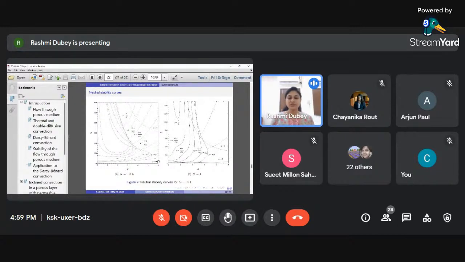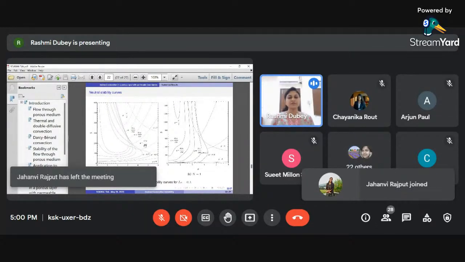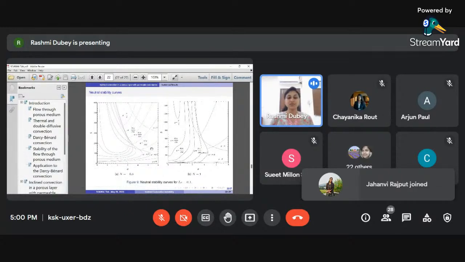Not only that, we also see that for all of them, excluding that higher one, we have some branches of those neutral stability curves, and those branches correspond to the traveling modes. Now, this is for the case when the buoyancy ratio is negative, less than 0.